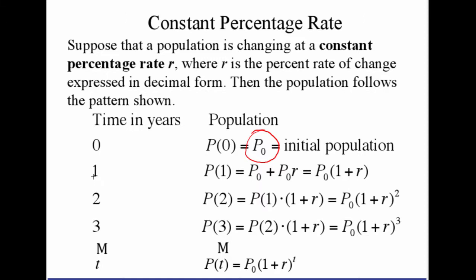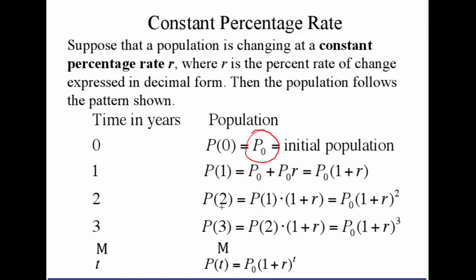After 1 year, the value of the function at 1 is P naught plus P naught times R. So it's the initial population plus the change in the initial population, which is calculated by taking the initial population times the rate of increase. That can be simplified into P naught times the quantity 1 plus R. And we can see a pattern develop here.